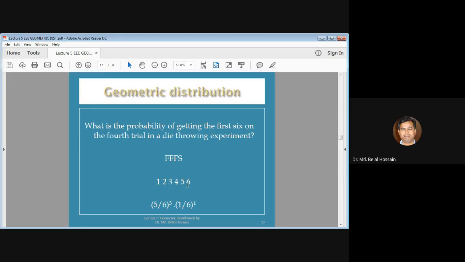Okay, you can still get a 6 in the next trial. So they are independent from trial to trial.